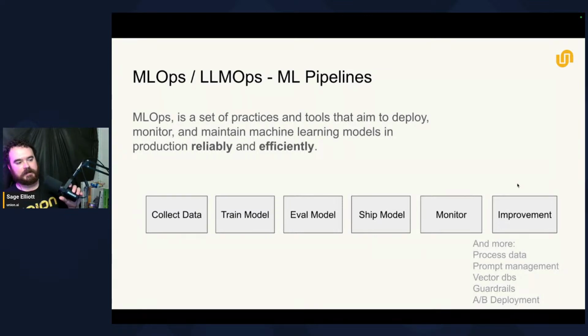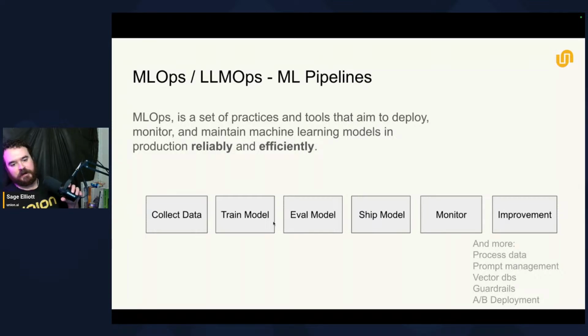And has anyone built a pipeline like this before? Some people have only ever trained a model. Some people might have only worked on the data side. Also, often these workflows or sections might be broken into separate workflows. So we're going to build one whole one today, but you might have steps broken out. A data engineering team might run a workflow that collects the data, pre-processes it, and saves it.